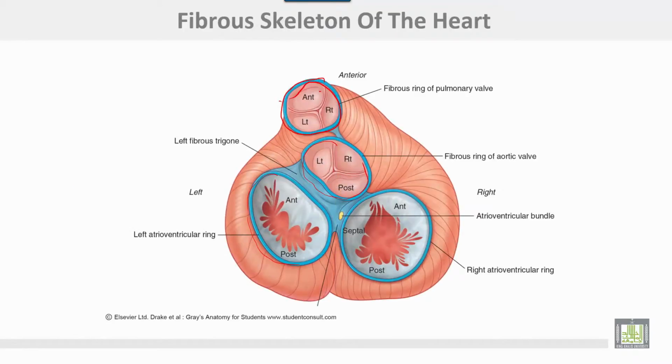This fibrous skeleton has four rings. This one ring is for the aortic valve, another ring for the pulmonary valve, and this is one ring here for the mitral and tricuspid, with the membranous part of the interventricular septum.